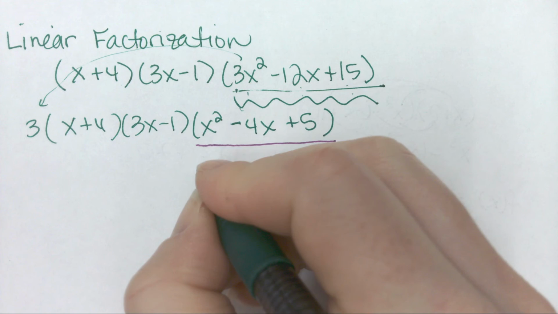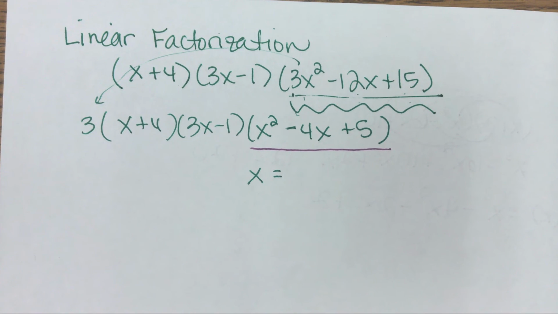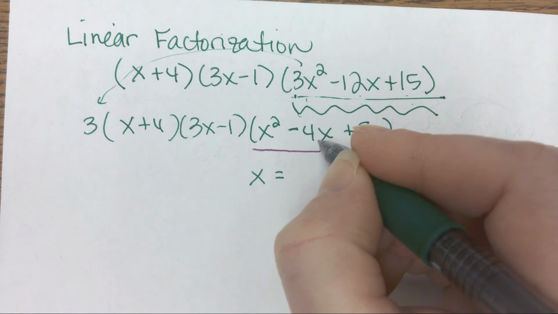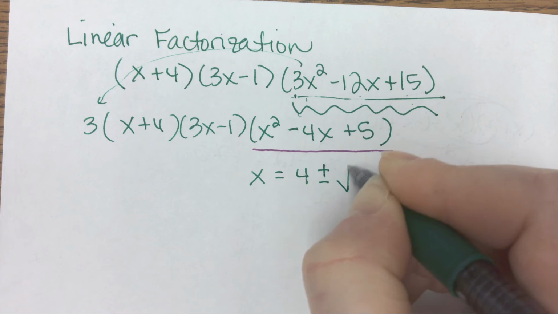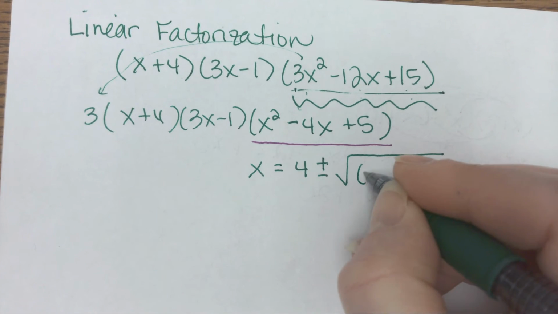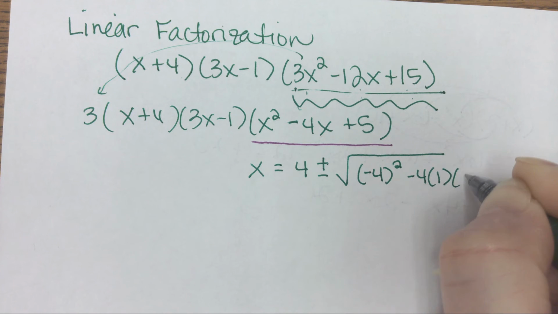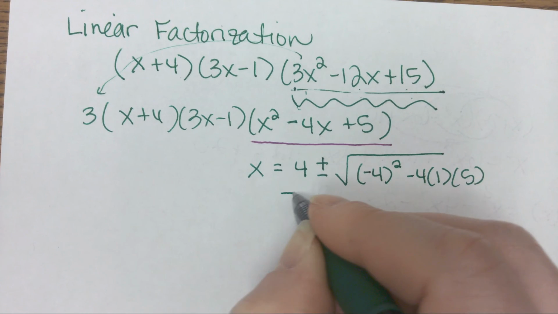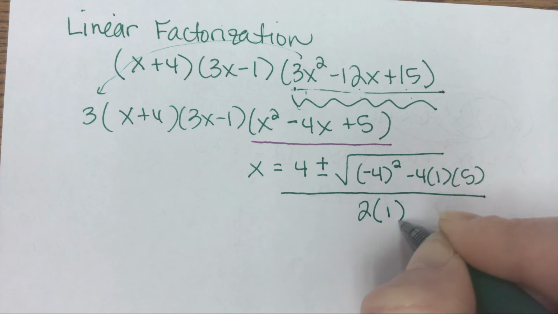So we have x equals negative b, opposite of negative 4 would be positive 4, plus or minus square root of b squared minus 4ac, all over 2a.